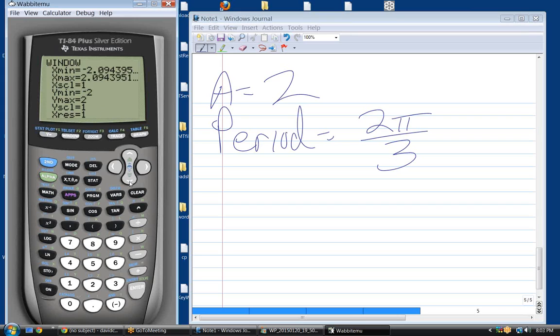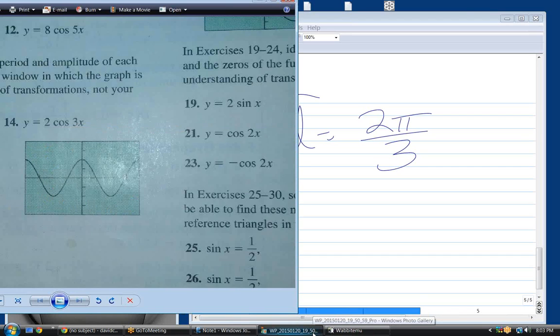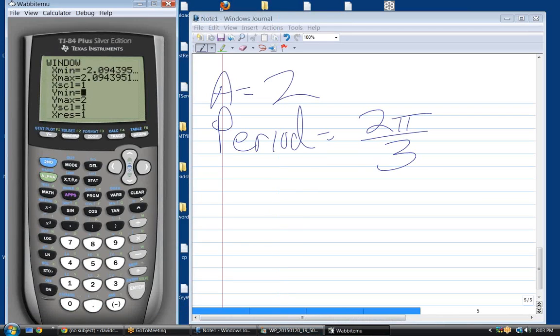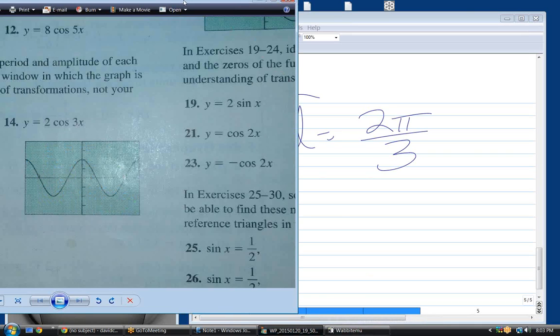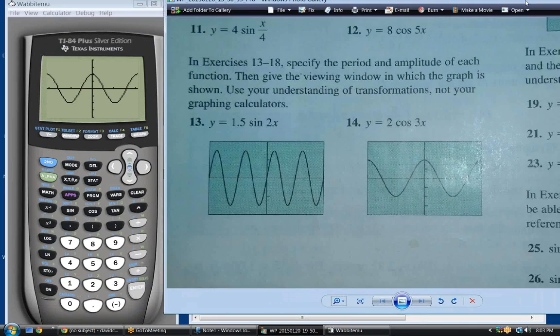And y goes from what? Like negative 4 to 4. There you have it.